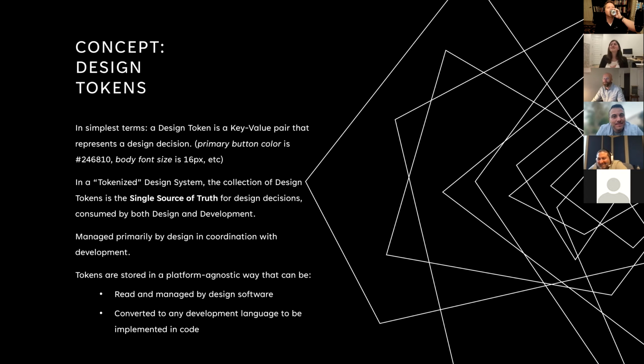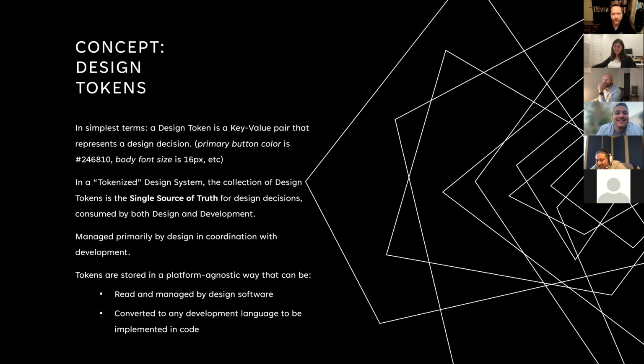Okay. Another important point with design tokens is they have to be stored in a way that's platform agnostic. Usually that's JSON. That's pretty much it. Any questions here? Does anybody know what JSON is? Can you explain JSON to people that don't know what that is?